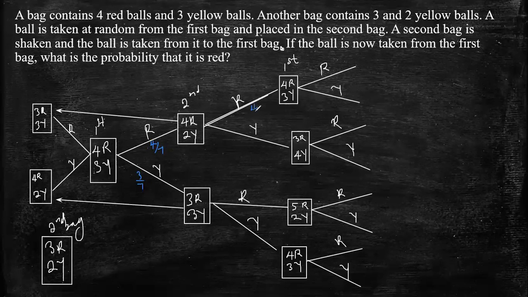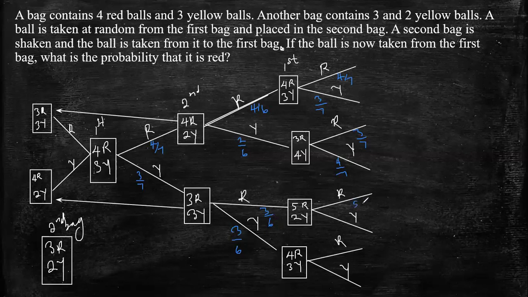Then here it will be 4 out of 6, 2 out of 6, 4 out of 7, 3 out of 7. This is 3 out of 7, 4 out of 7. And we come to this lower branch here, 3 out of 6, 3 out of 6.